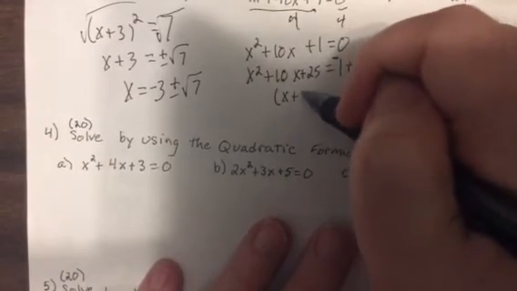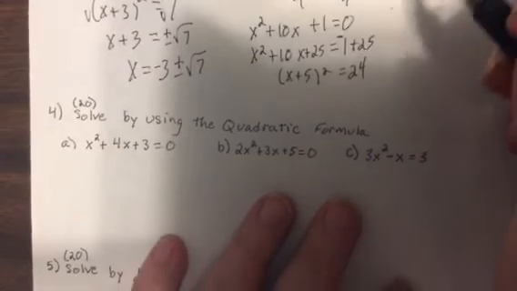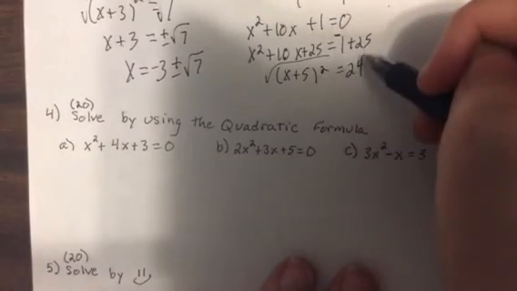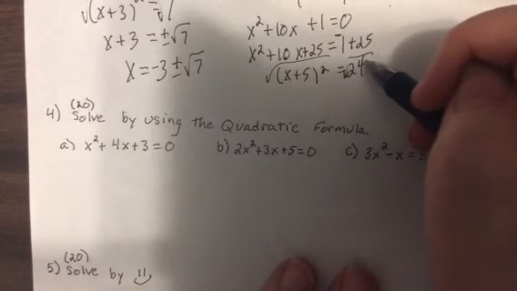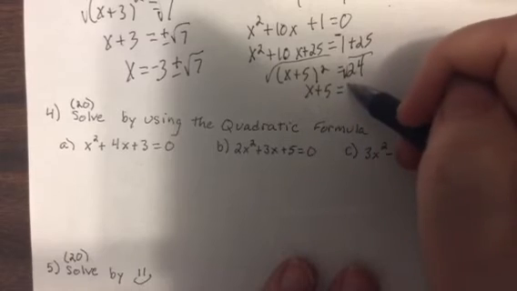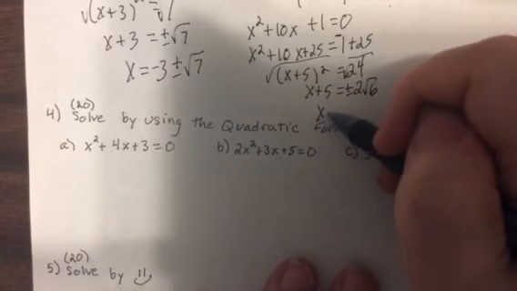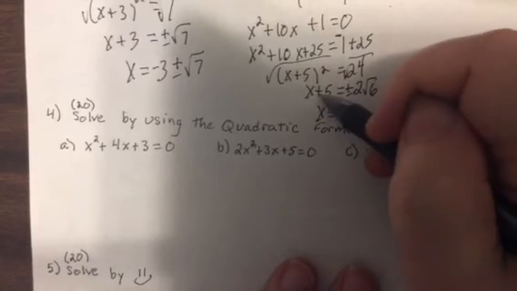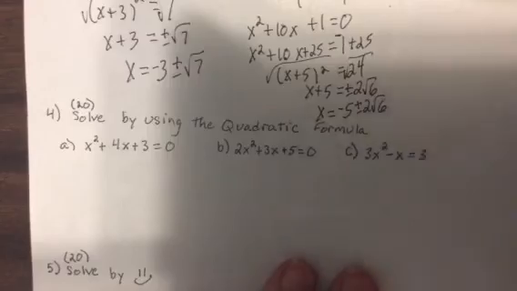Factor x plus 5 squared equals 24. Square root. Now 24 is 4 times 6. Square root of 4 is 2. So I have x plus 5 equals plus or minus 2 square root of 6. So x equals negative 5 plus or minus 2 square root of 6.